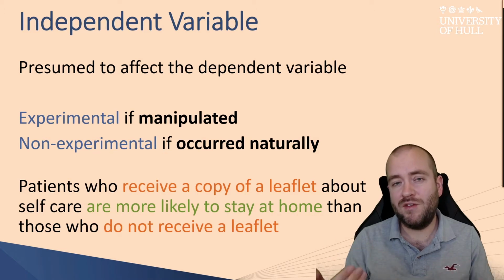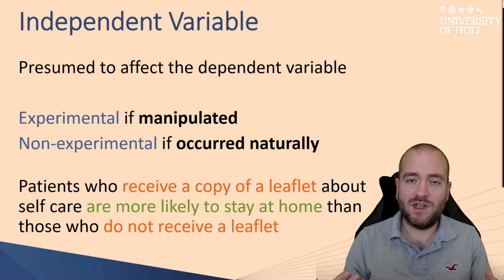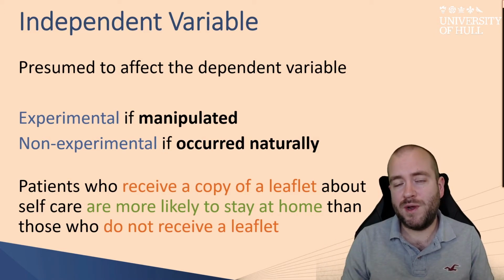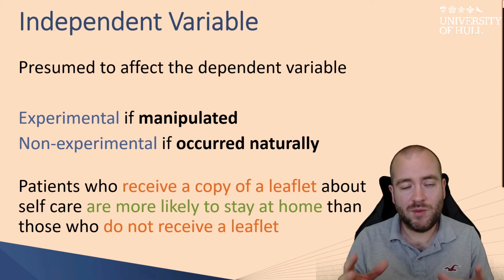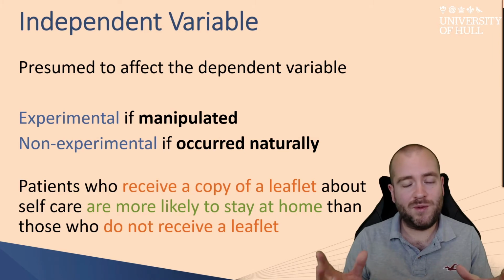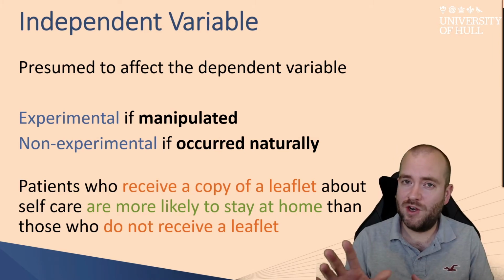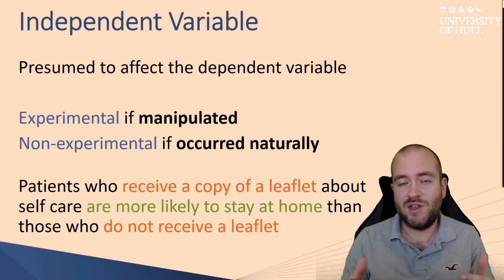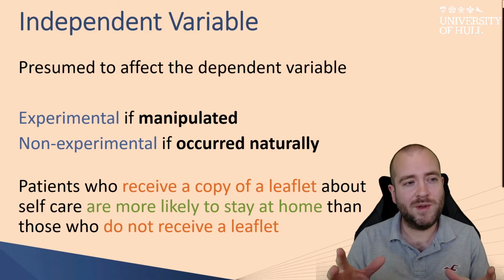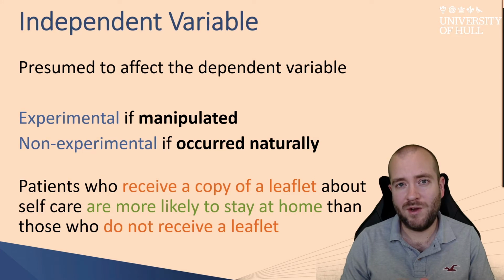You could give them a leaflet about paracetamol and self-care, and that would hopefully make them not go into hospital. So we could make this experimental by taking a group of patients, say 50 patients. We could give 25 the leaflet, we could give 25 no information, and see if they stay at home or not. So we've made that experimental by manipulating that independent variable.